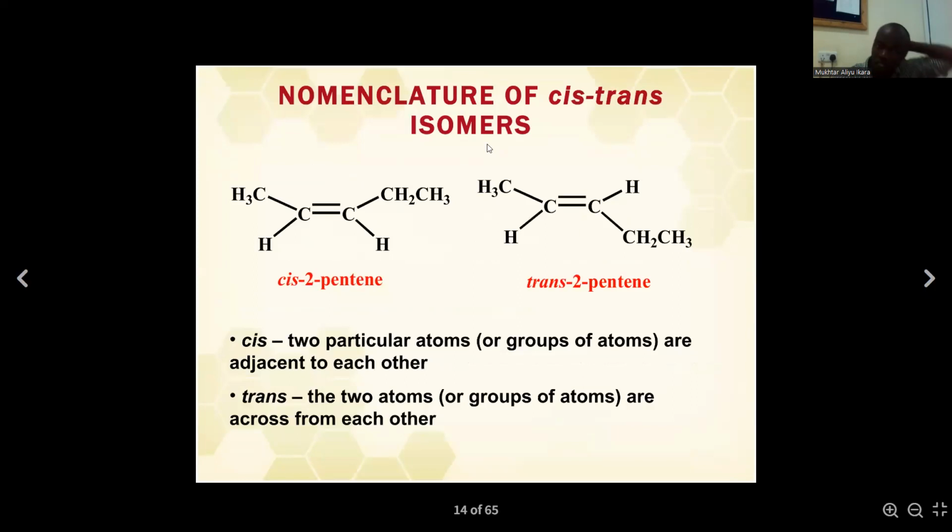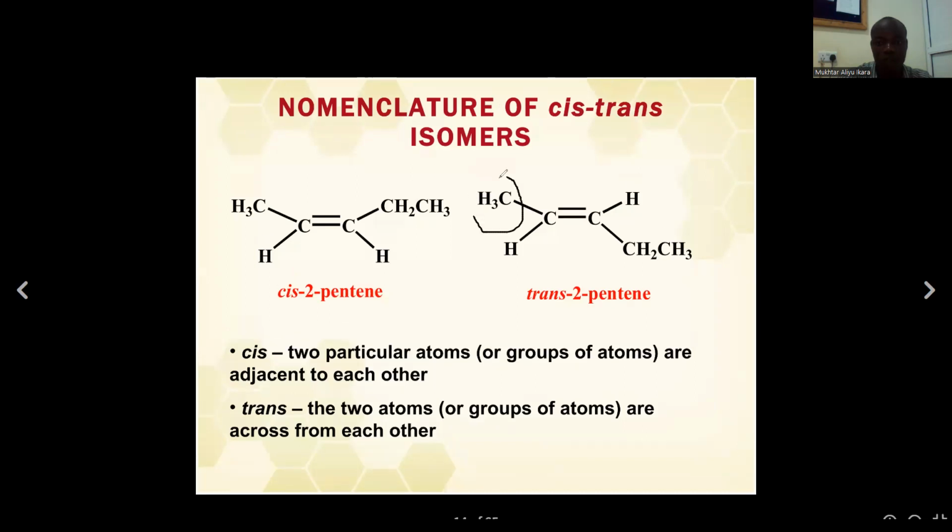Then the next one is the nomenclature of cis and trans isomers. So how do you know that this is a trans and this is a cis? Trans means transverse. You see, this CH3 here is transverse to this CH2CH3. Look at it, they are transverse to one another.